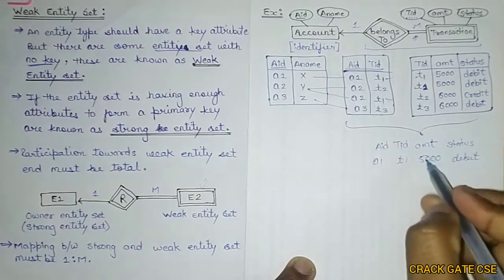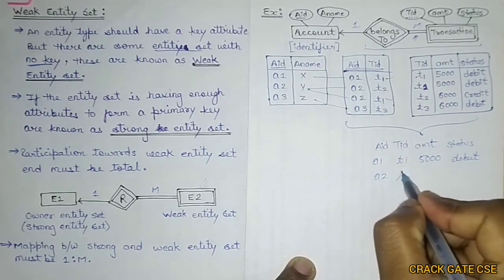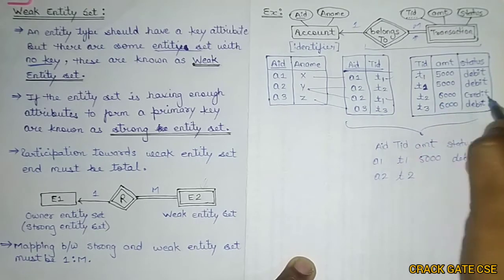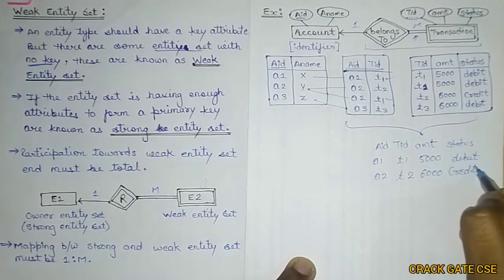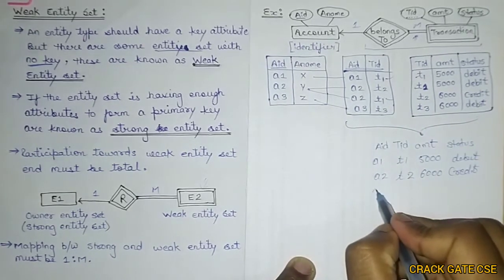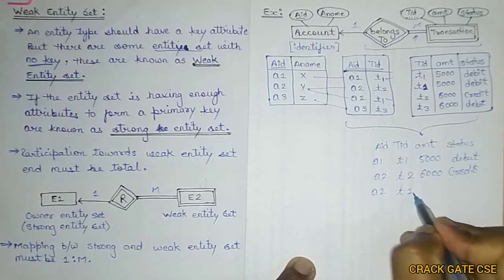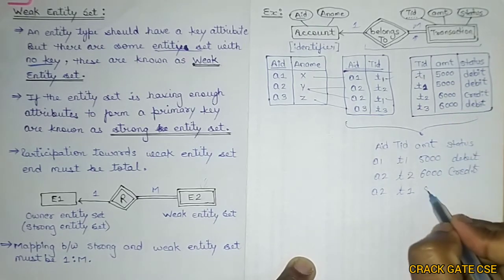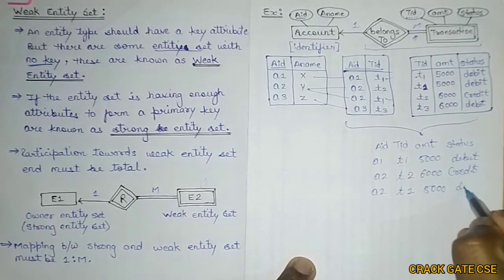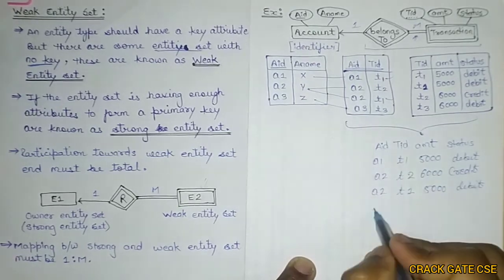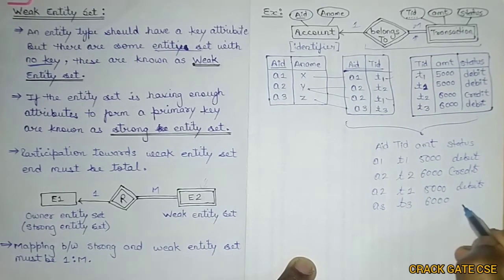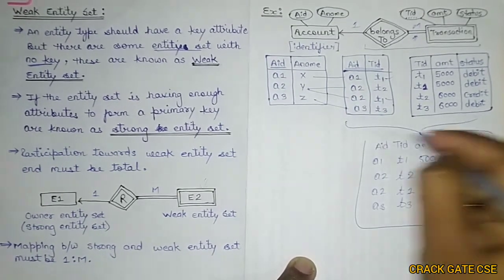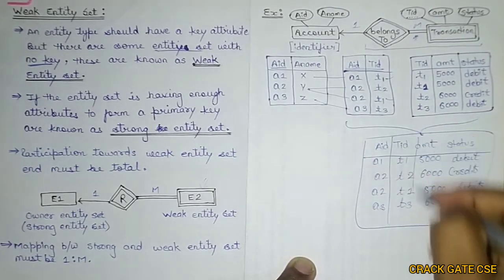Similarly A2 T2, T2 is 6000 credit. A2 T1, and T1 is 5000 debit. Similarly A3 T3, 6000 debit, right? So this will be the table if I merge it.